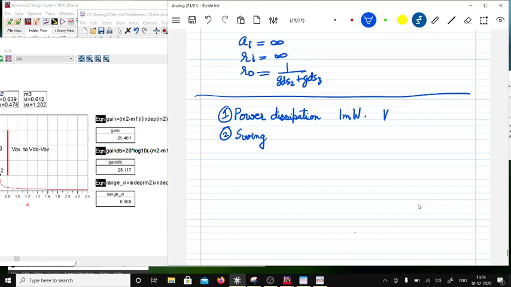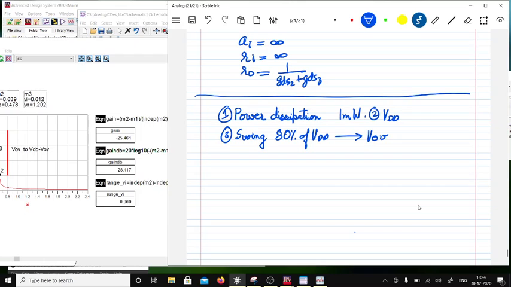So then they will also give you VDD. Okay, second thing they have given you is VDD. Third thing they have said that the swing is 80% of VDD. That means that they have told you what is overdrive.